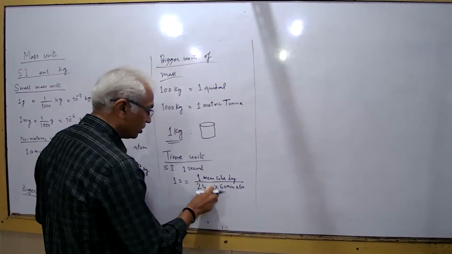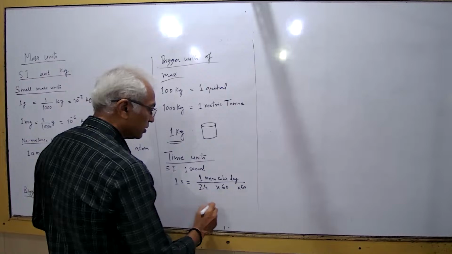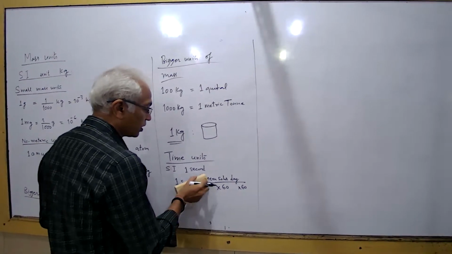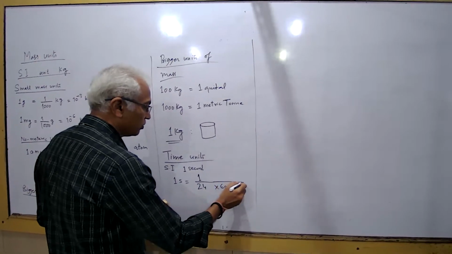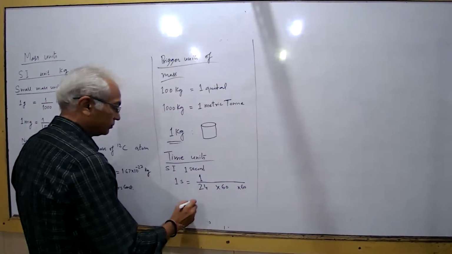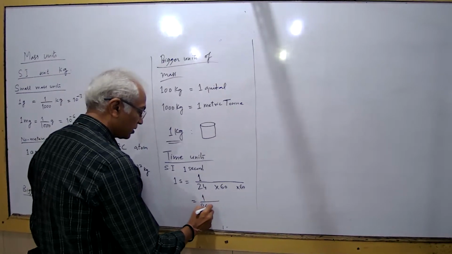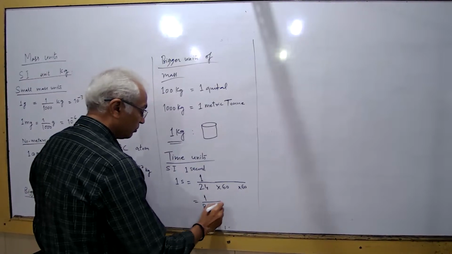So all this gets converted into 1 second, which is 1 divided by 86,400 part of a mean solar day.